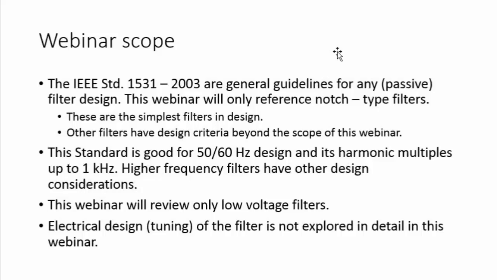The design considerations change a bit when you deal with very high frequencies. This standard includes low voltage and medium and high voltage filters, but this webinar will be limited to the low voltage filters. Nonetheless, the design principles are pretty much the same, and if you get the point of the low voltage, you can get to the high voltage.